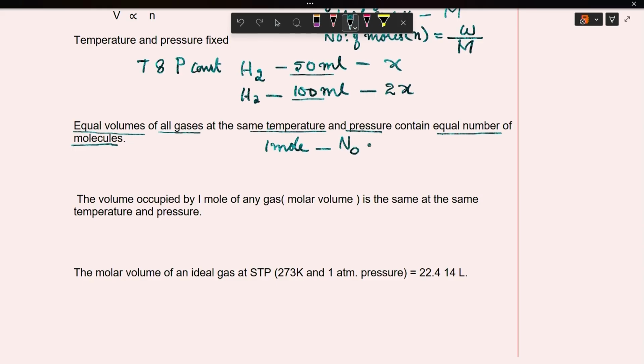It is denoted as N naught, or I can put the value as 6.022 into 10 to the power 23.